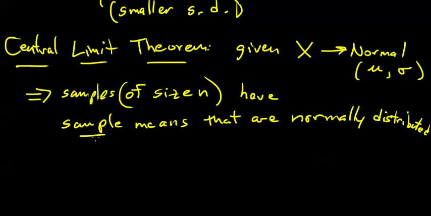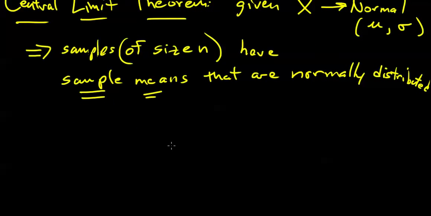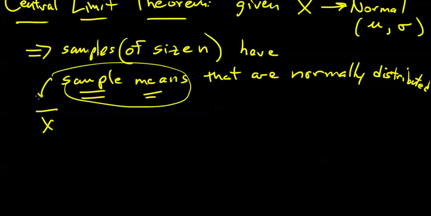Alright, the set of sample means has a normal distribution. X bar is the variable that represents all the many sample means that we can have. We're claiming that X bar also has a normal distribution, but we can do better than that.